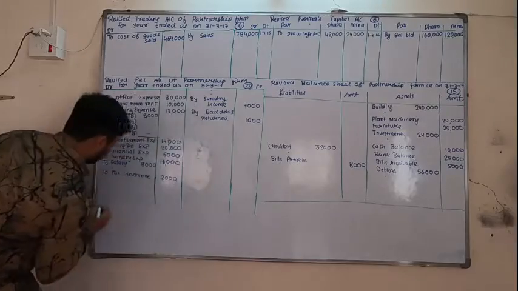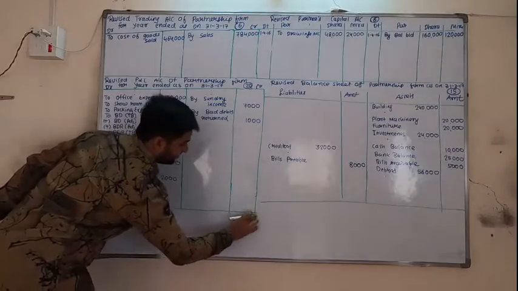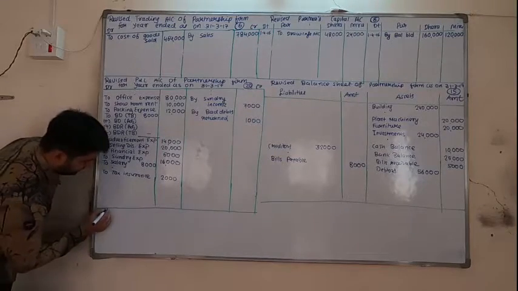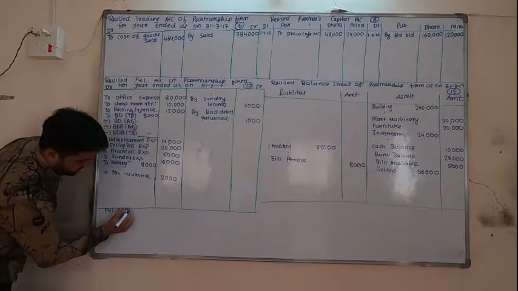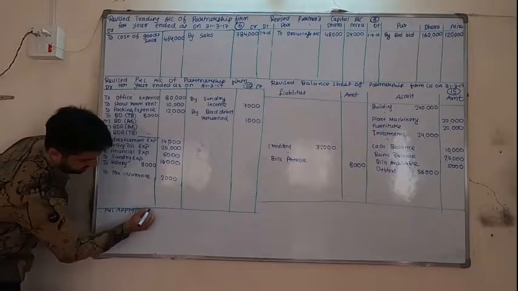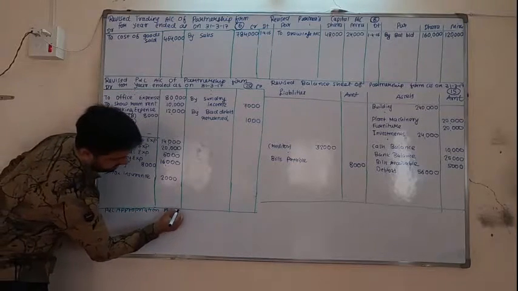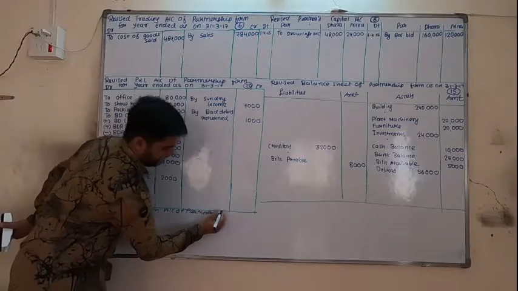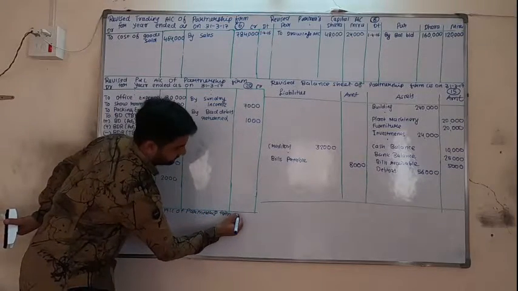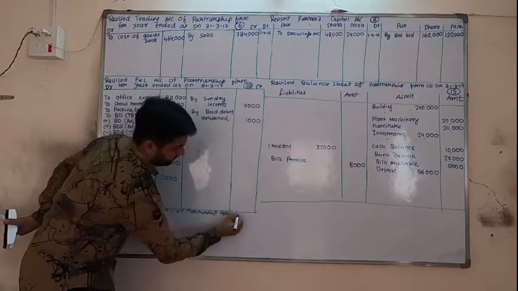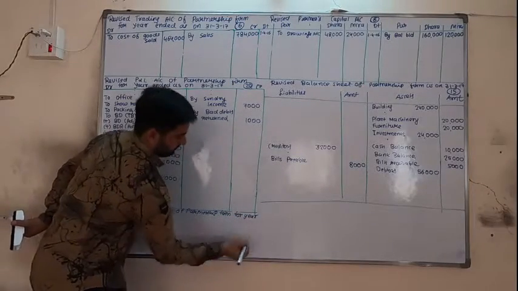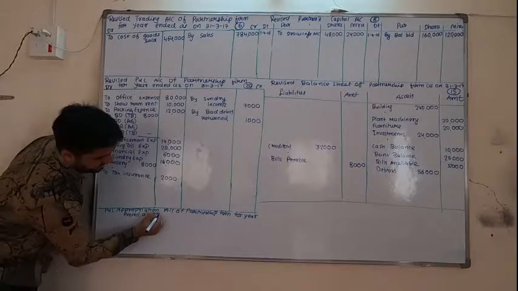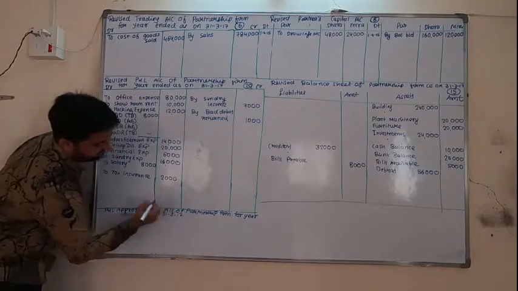I will cut short the P&L appropriation account because only interest on capital is shown there. P&L appropriation account of partnership firm for the year ended as on 31/3/70.